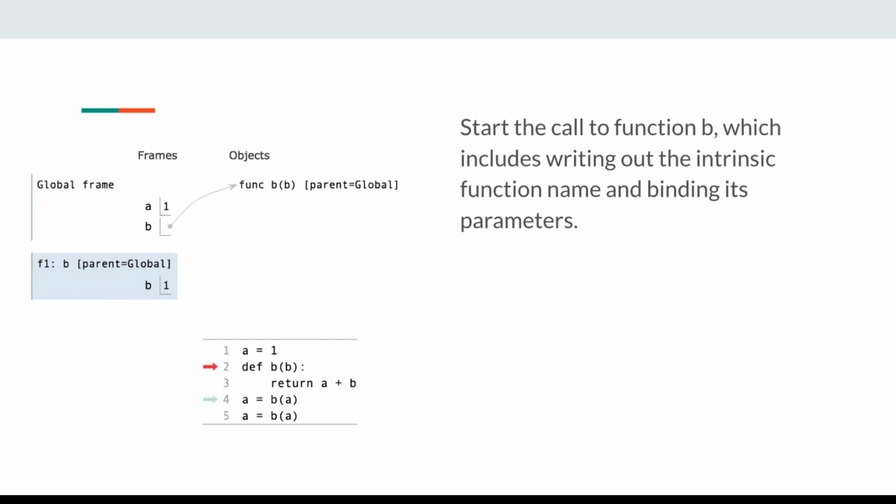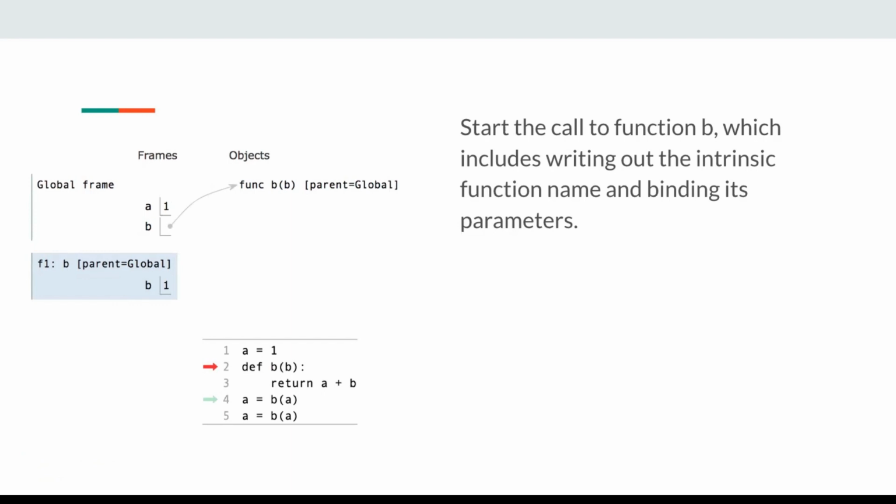Okay, so we're on to frame 1. Notice that we put b, but we didn't put any parameters. Just make a note of that. And always copy parent equals global with what you define. The parent equals global in the global frame and the parent equals global in F1 should always match. And whenever we open a new function frame, we always address the parameters first.